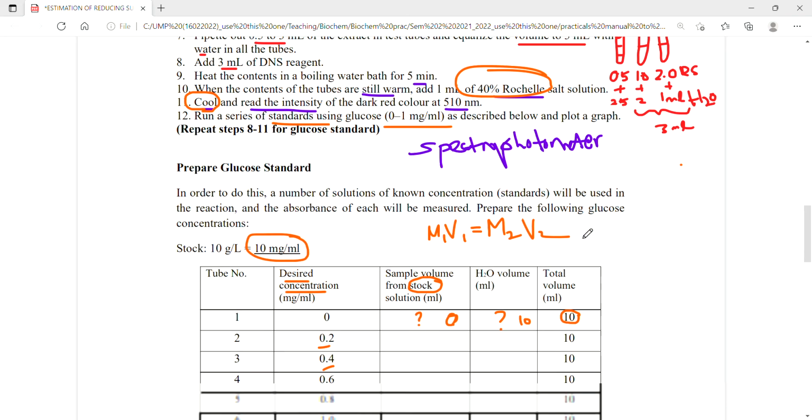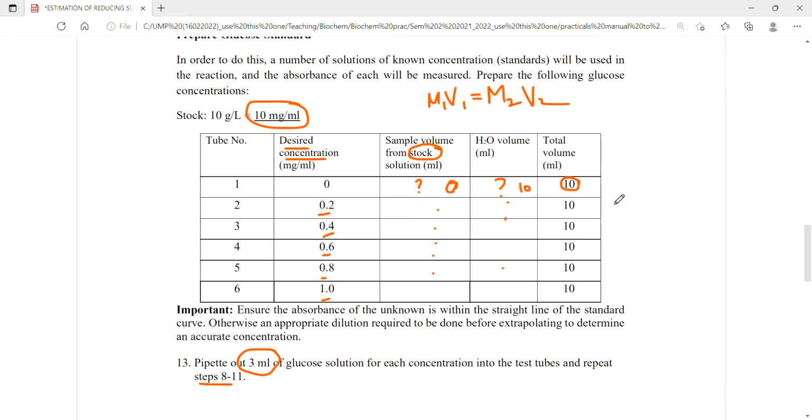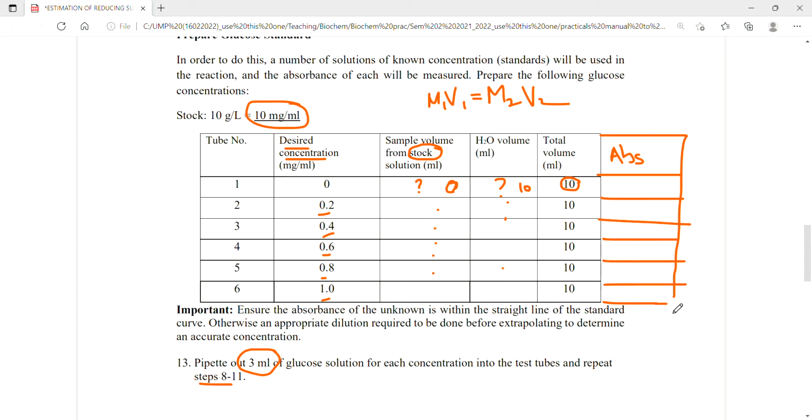Okay, right. So once you have all these readings to be put in, perhaps you can also determine the corresponding absorbance. What is the absorbance after you complete the experiment? All these, A, B, C, D, E, F, all done.